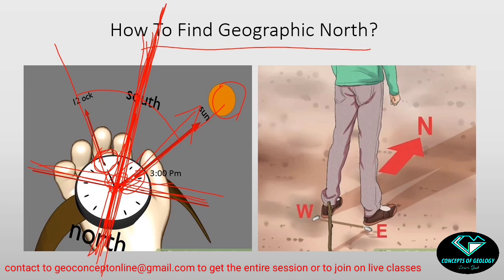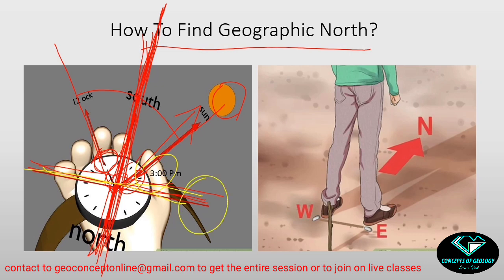Now all these are lines. I don't know which end will be south, which end will be east or west. How to find that? Now you need to know the time on the wristwatch. The time is 3 p.m. At 3 p.m. the sun is in setting mode. The sun is setting now. So if this is the east-west line, the sun always sets towards the west.